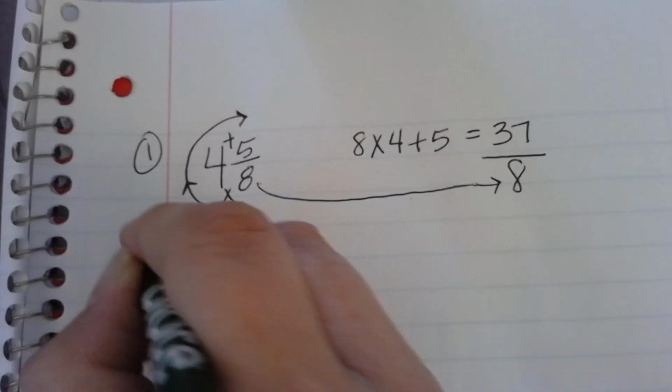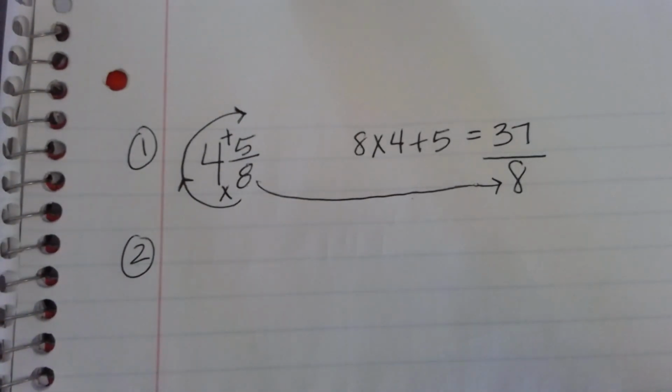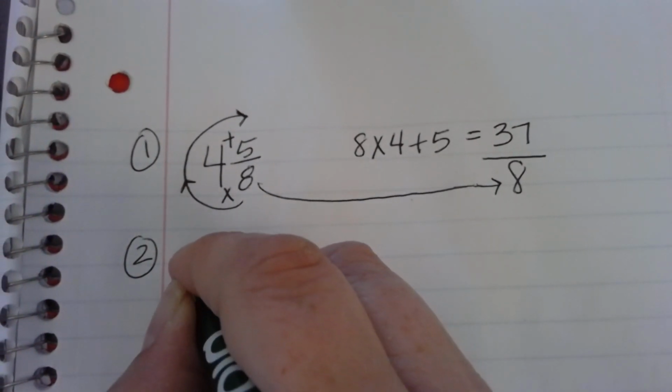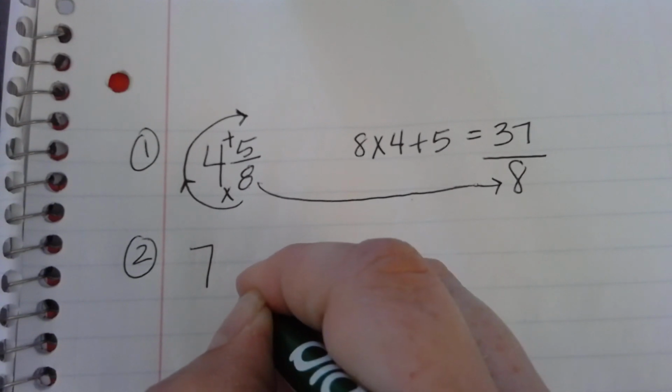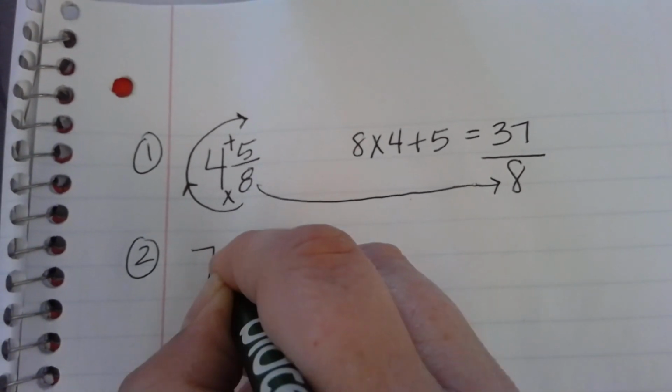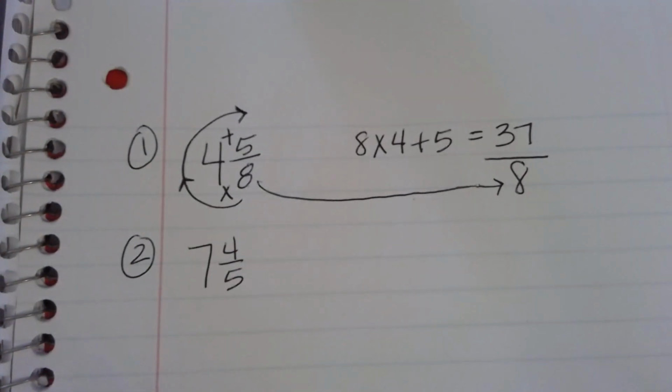Let's do 7 and 4/5. Go ahead and start this one on your own, and let's see how far everyone gets. Somebody tell me what's the first step that you took in solving this and making it an improper fraction?